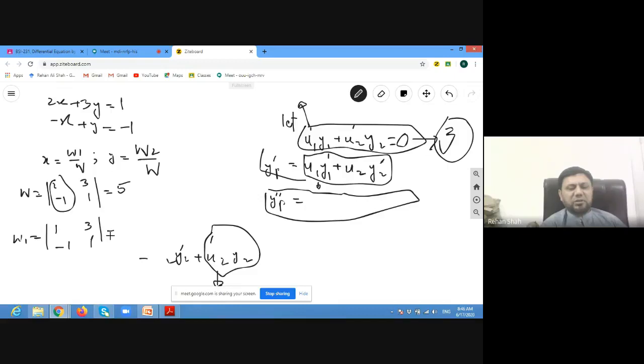You will get 4. For W2, write the first column as it is in W, 2, minus 1, and instead of the second column write the right-hand side values, and you will get minus 1. Now you divide these values and you will get the values of x and y.